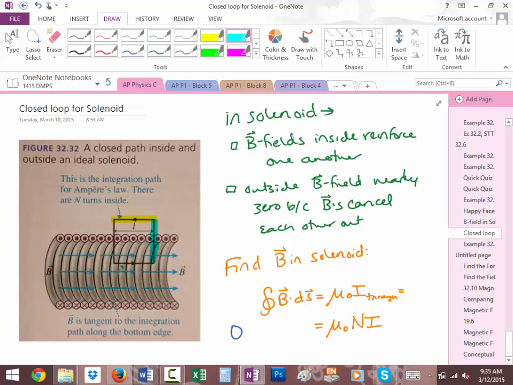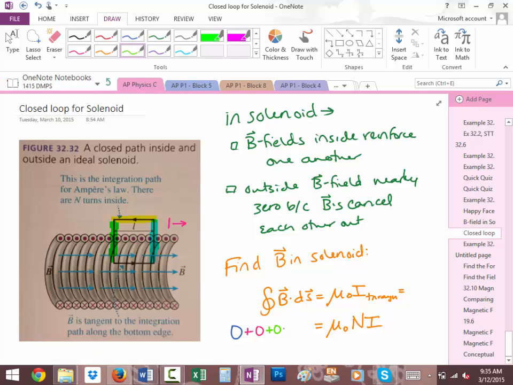So we're talking about this line. So a little chunk of that line goes up or down, right? Let's think this through here. I've got a little ds going this way, and I've got a B going this way, and if I dot those two things together, 0. So I've got plus 0. And then let's look at this side. Also 0, right? This is why it's nice and convenient to choose a square in this case.